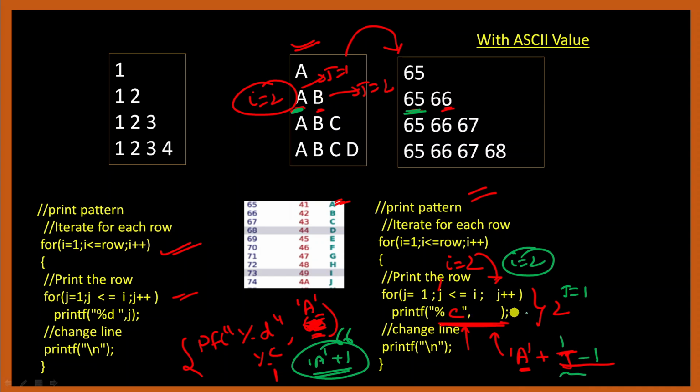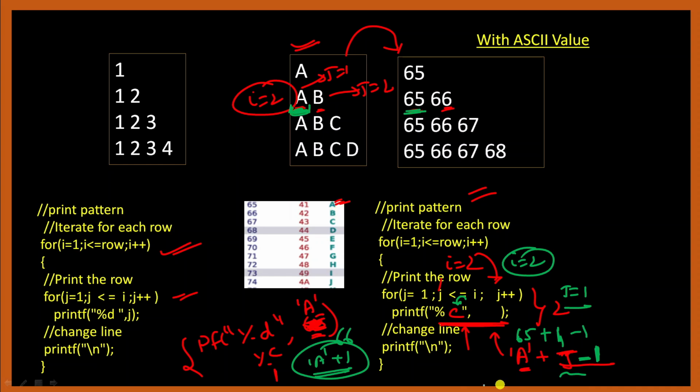So for j equal to 1, B will be printed, but I do not want that. So I intentionally did a subtraction of minus 1. So it will be 65 plus j, which is 1, minus 1: 65 plus 1 is 66, minus 1 again 65. So with %c, A will be printed.